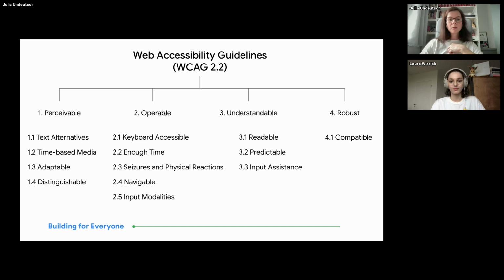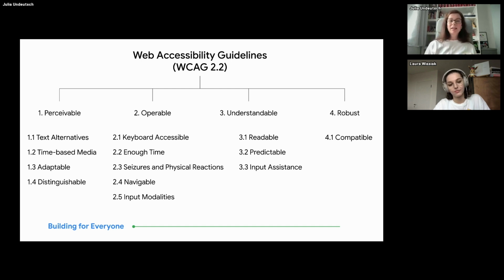The same goes for Operable, which has something to do with keyboard accessibility or assistive technology accessibility. Is it navigable, and the input modalities, different input types, and is it understandable? There are also in this one many new success criteria which fall under the AAA, because understandable has more to do with cognitive disabilities and provides lots of guides when it comes to abbreviations.